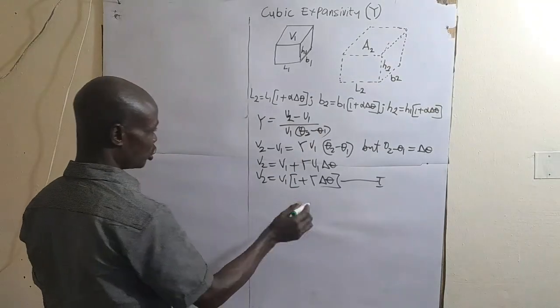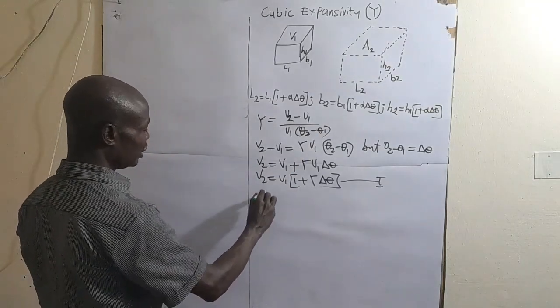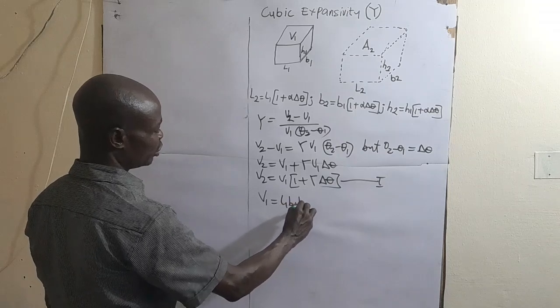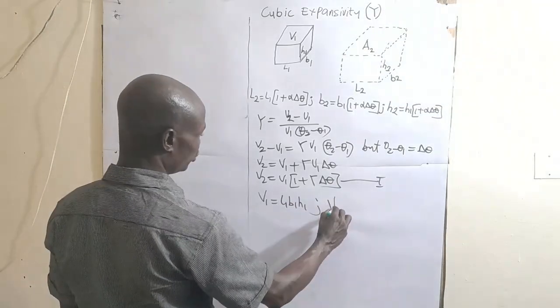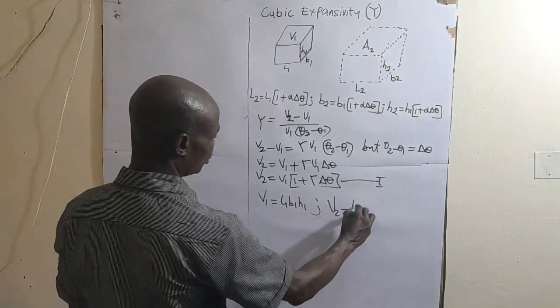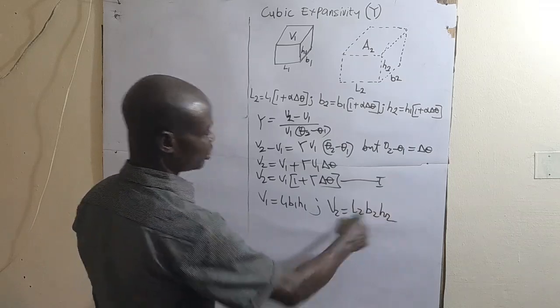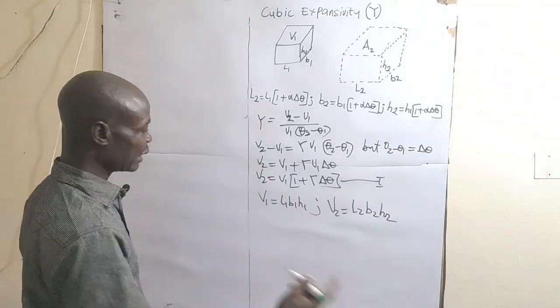So deriving that from the linear expansivity, we already saw that V1 is equal to L1 B1 H1, and then V2 is equal to L2 B2 H2. These are volume, length times breadth times height.